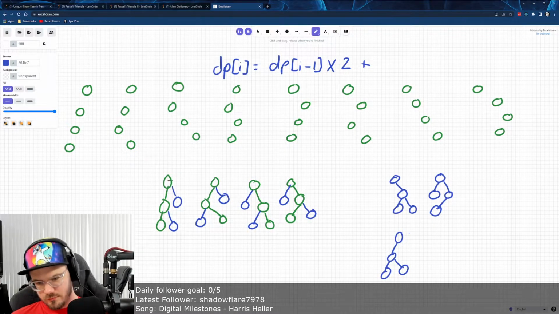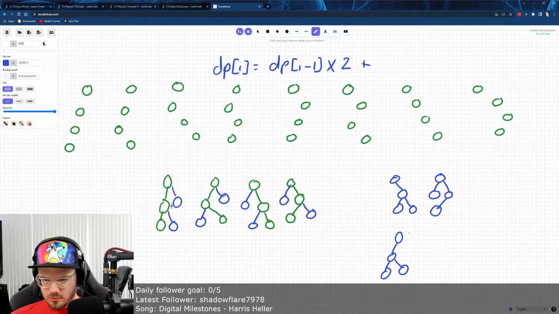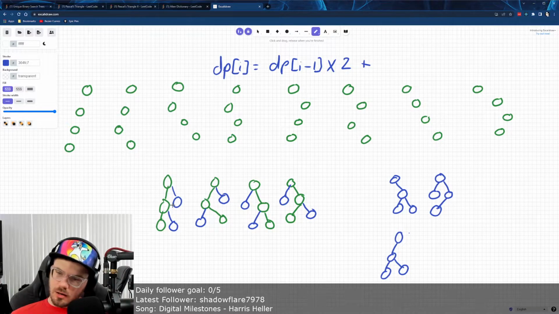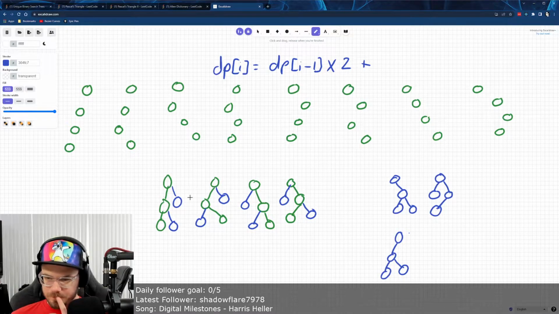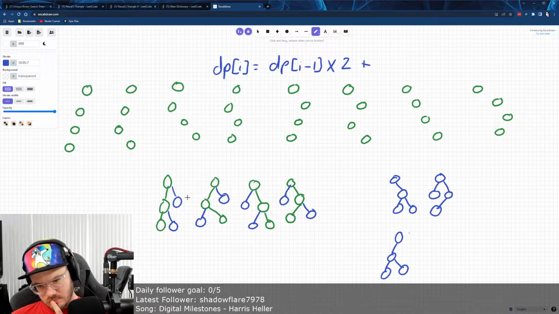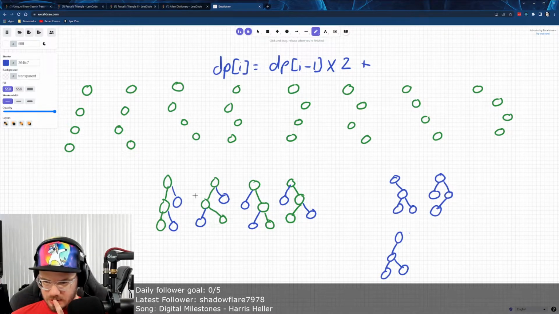It's the number of nodes, basically all the nodes that can have children.